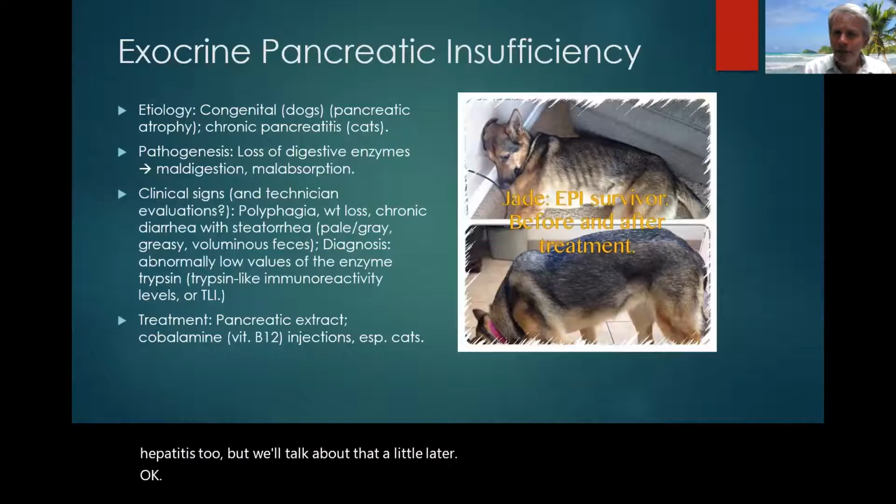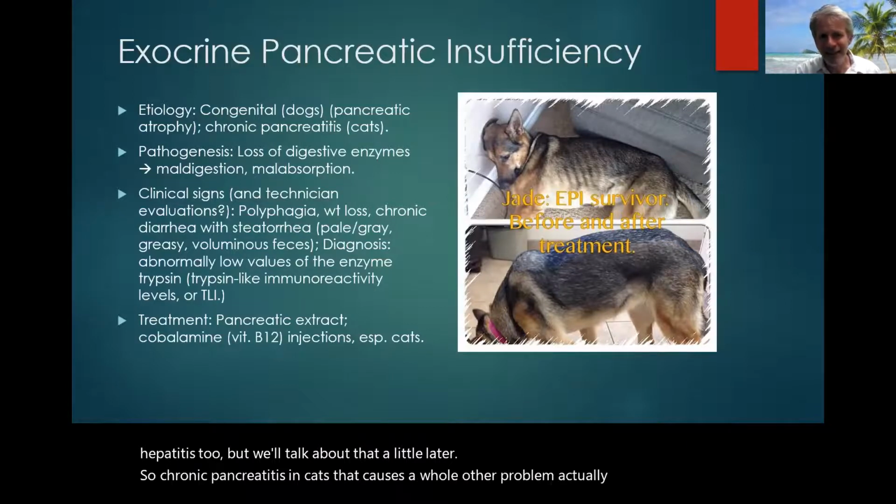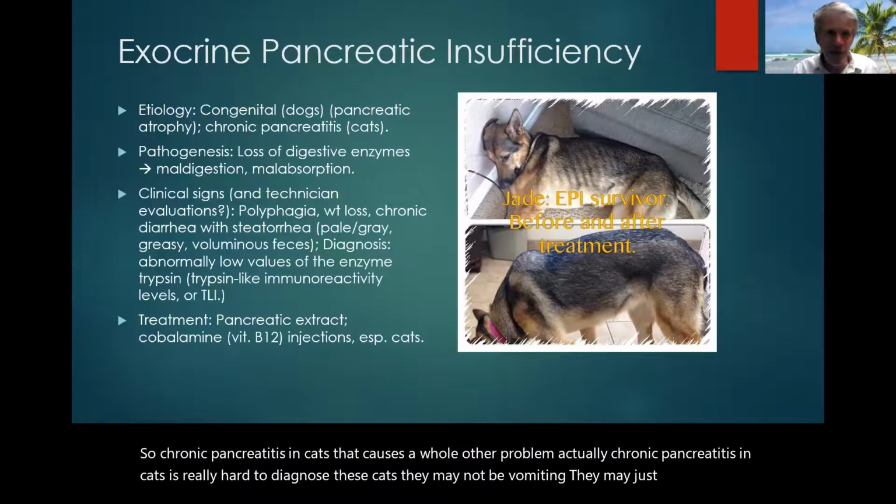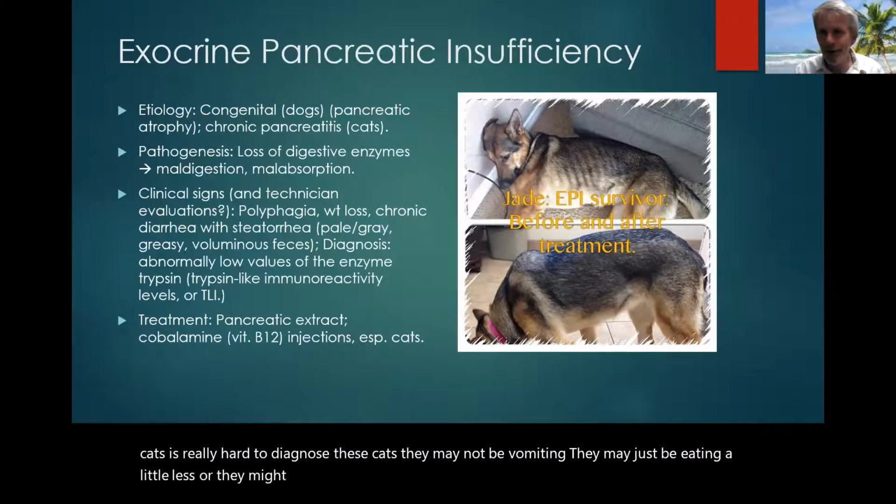Okay, so chronic pancreatitis in cats, it's a whole other problem actually. Chronic pancreatitis in cats is really hard to diagnose. These cats, they may not be vomiting, they may just be eating a little less, or they might be vomiting once a week.